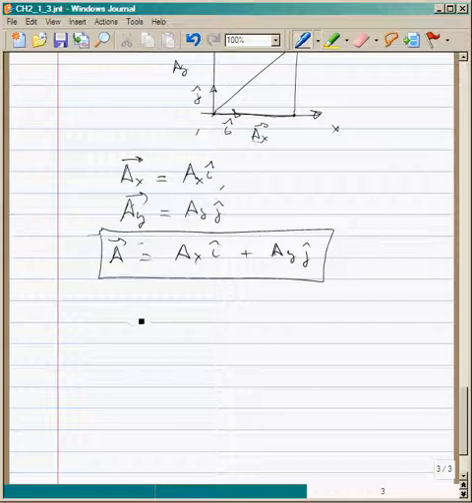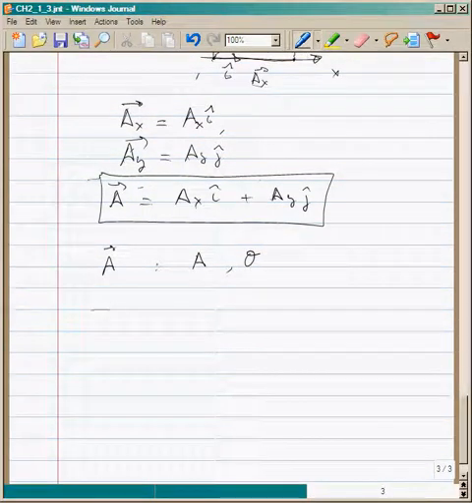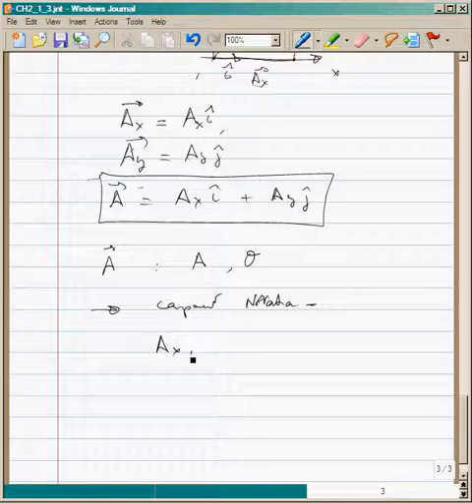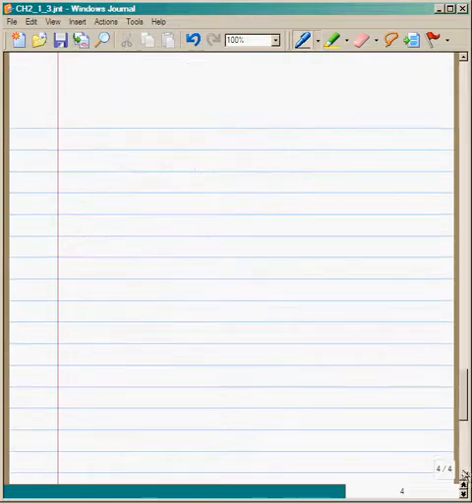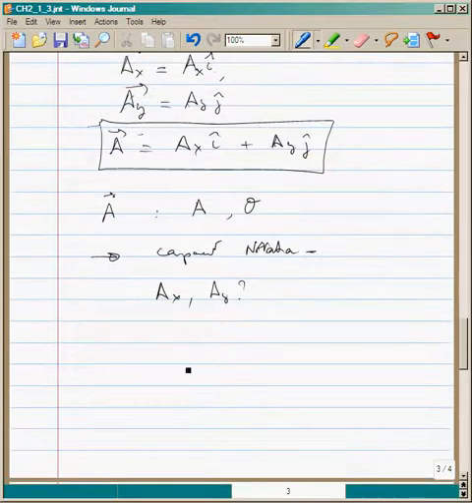Now let's imagine that you're given a vector in terms of its magnitude A and its angle, and you would like to write it in component notation. All you have to do is figure out AX and AY, but we can do that easily using Pythagoras theorem.